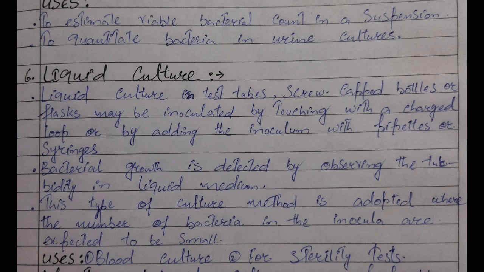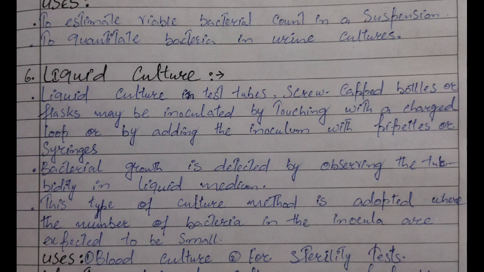अब देखेंगे liquid culture. Liquid culture in test tubes, screw capped bottles or flasks may be inoculated by touching with a charged loop or by adding the inoculum with pipettes or syringes.